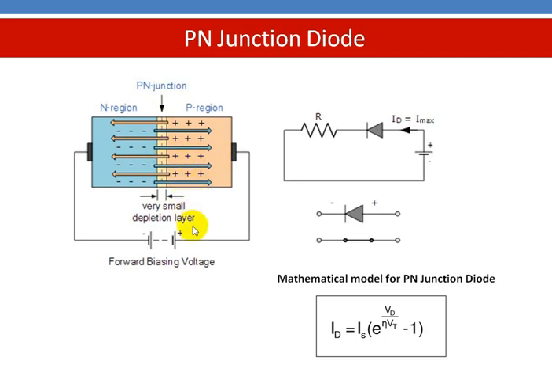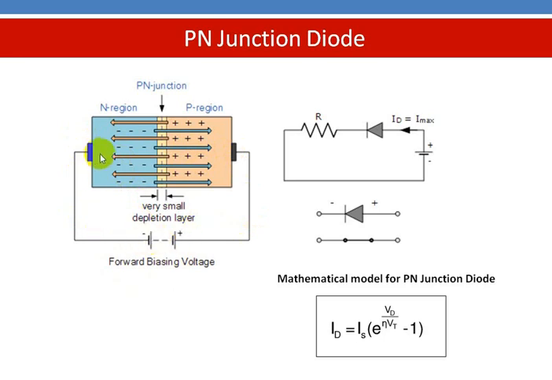Now let us see how the diode works. In the forward biased condition, the anode is made positive with respect to the cathode. So positive voltage is applied to the anode, and negative voltage is applied to the cathode.